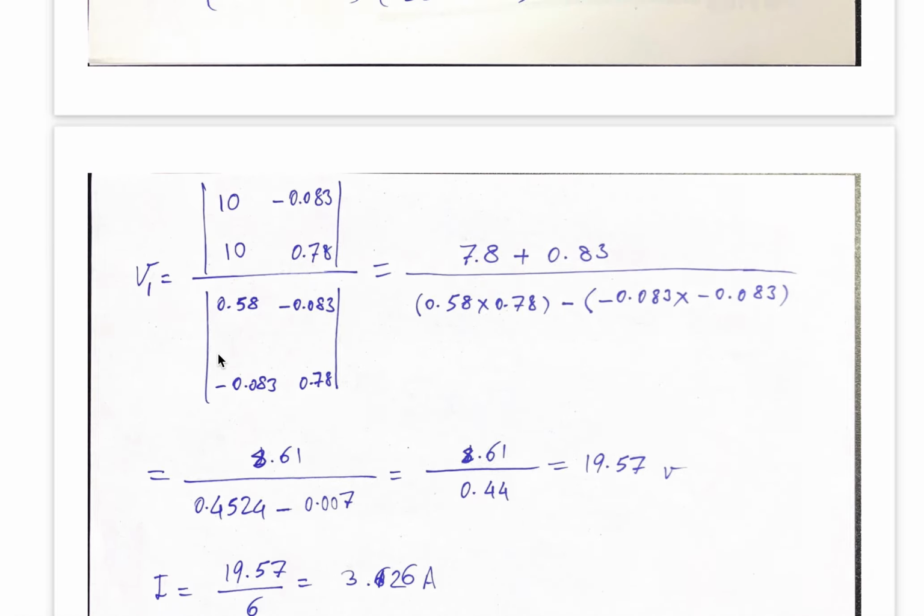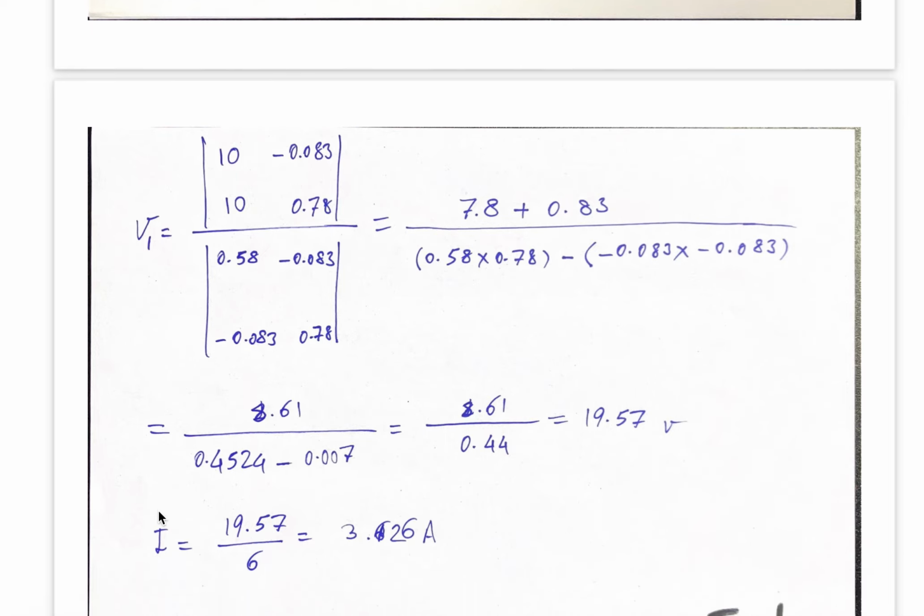In this example, section B, we are asked to obtain I, and I shown in the original circuit is where node 1 is. So if I know the voltage of node 1, I can divide it by the resistance of that branch and find this I. So I just need to calculate V1, I don't need to calculate V2.